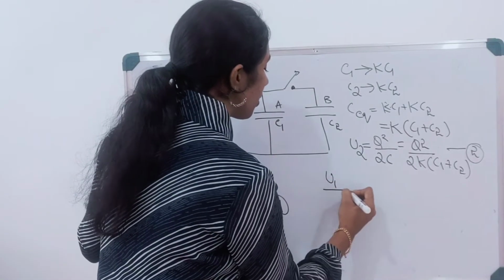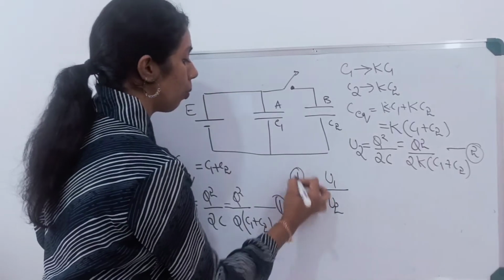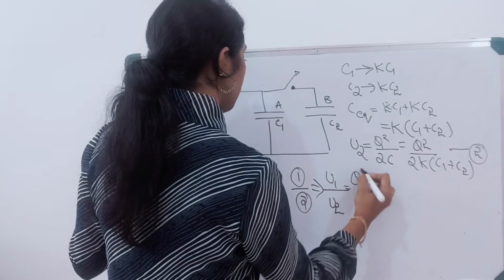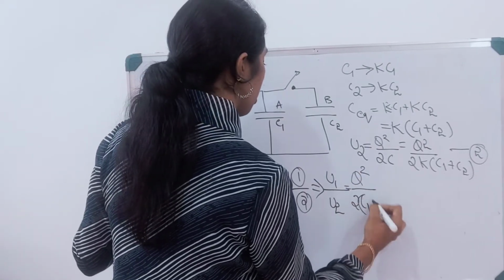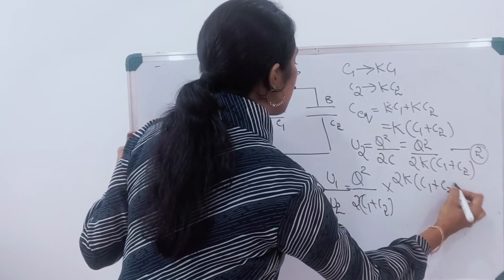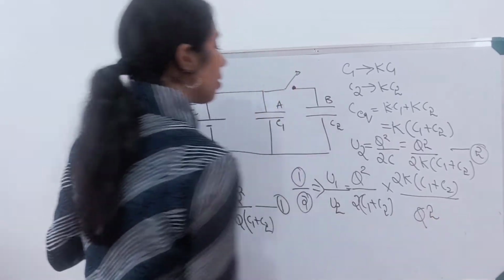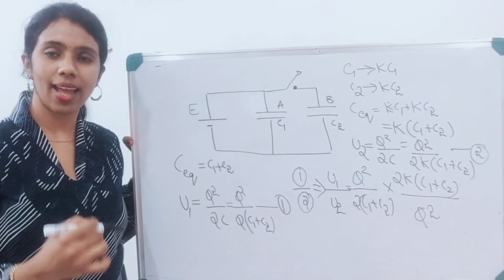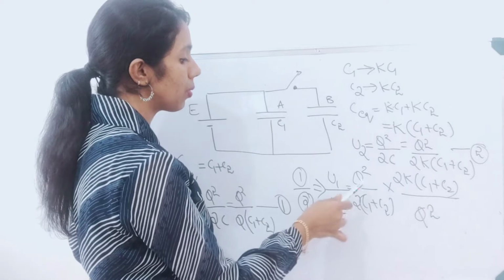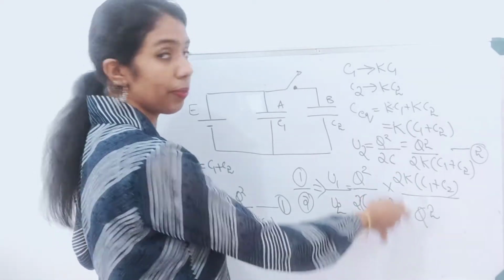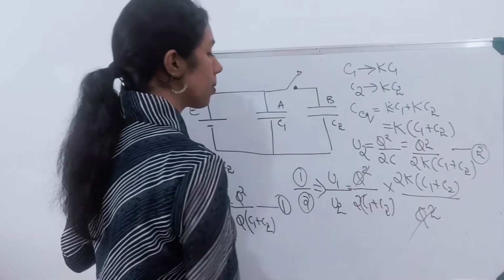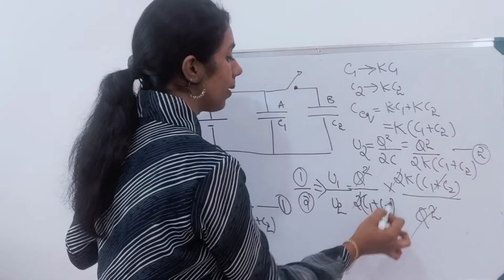We will find the ratio by dividing 1 by 2. That implies U1 by U2 is equal to Q square by 2 into C1 plus C2, divided by Q square by 2K into C1 plus C2. While dividing fractions, we multiply by the reciprocal. Here Q square cancels, 2 cancels, C1 plus C2 cancels.